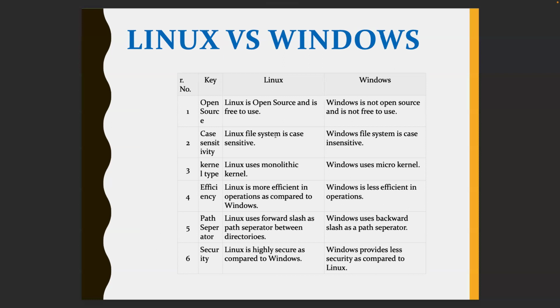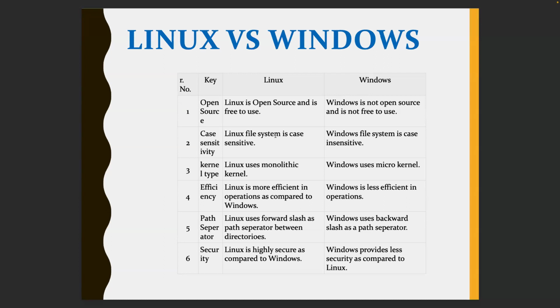Linux uses a monolithic kernel, whereas Windows uses a microkernel. Linux is more efficient in operation as compared to Windows, which is less efficient because of various reasons, like I told you about security and efficiency.